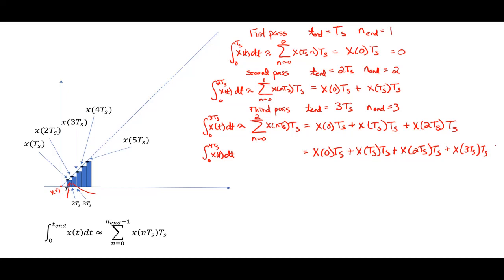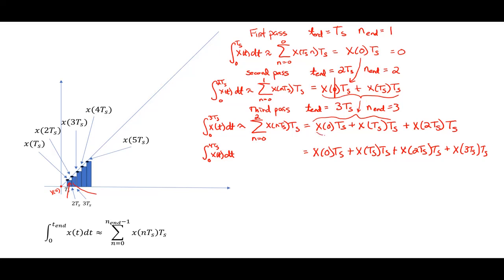Something I notice as I go through this is that when I went from the first pass to the second pass, I have my area from the first pass already there. When I go from the second pass to the third pass, I have that same area already there.